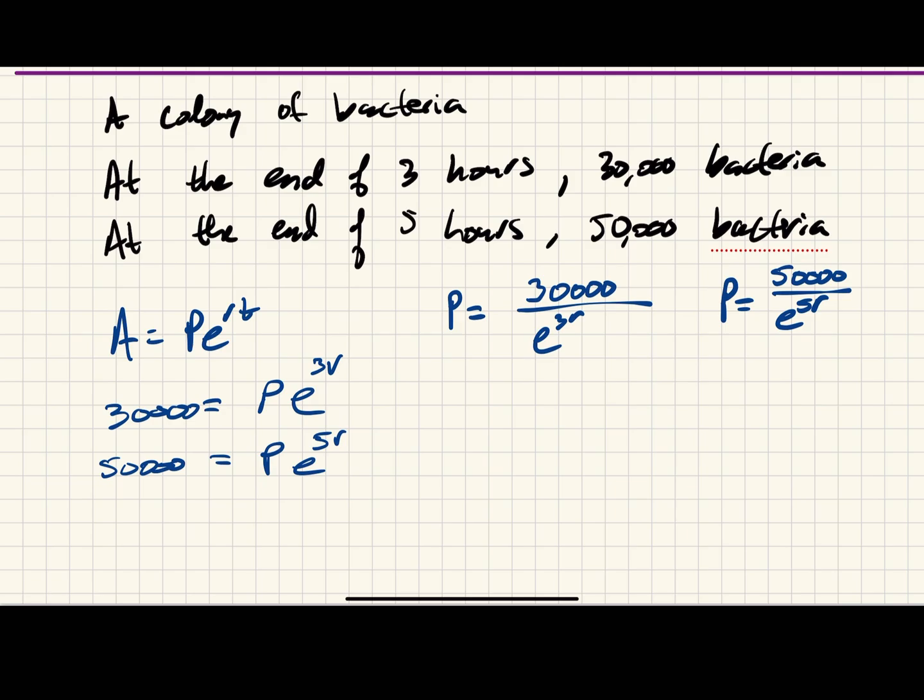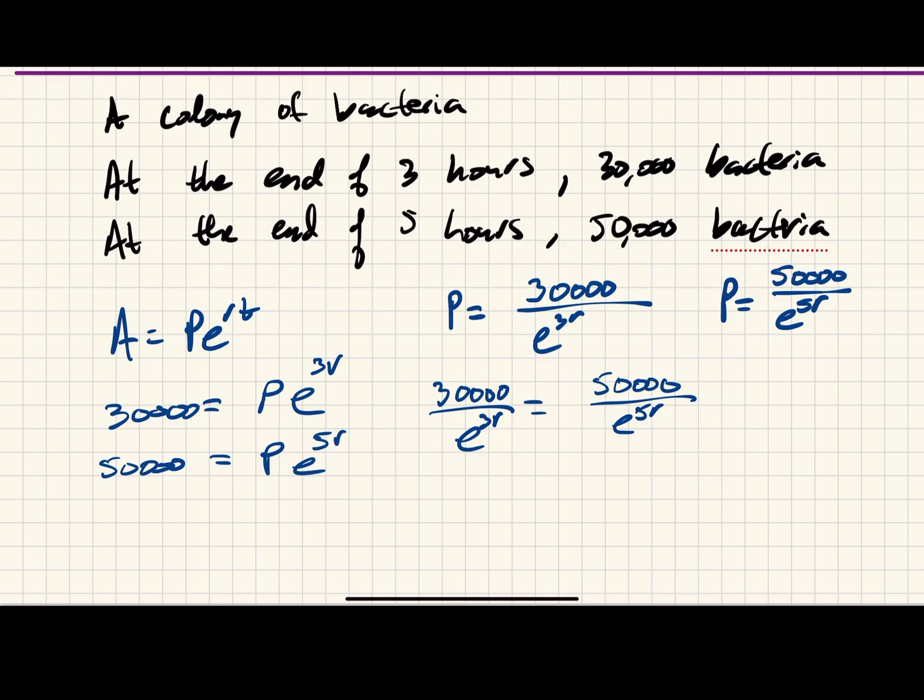So now, let's see. Well, if I'm going to solve for P, I can just set them equal to each other, can't I? So I'd have 30,000 over e to the 3r equals 50,000 over e to the 5r. We could cross multiply, or there's lots of things we could do.